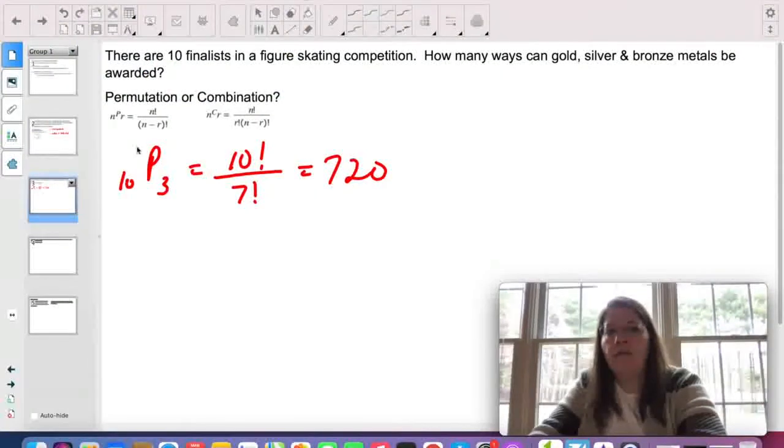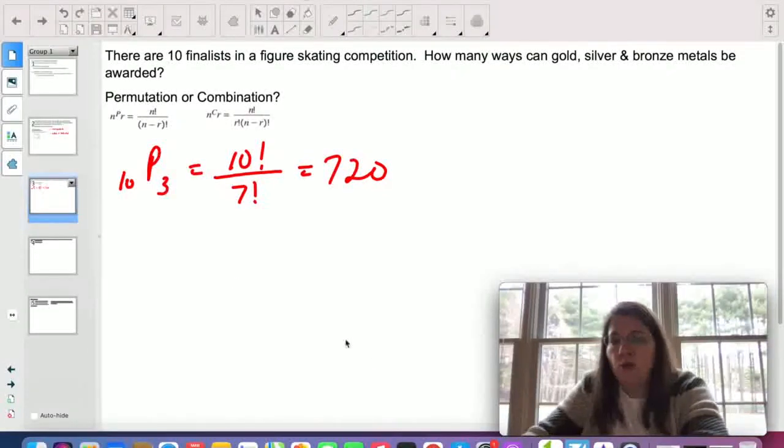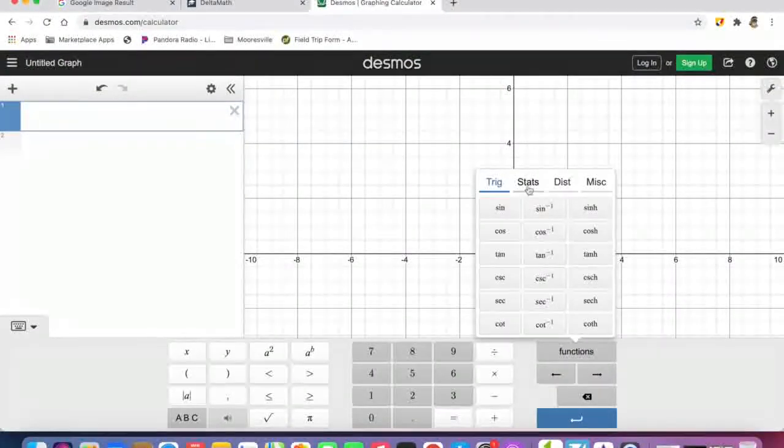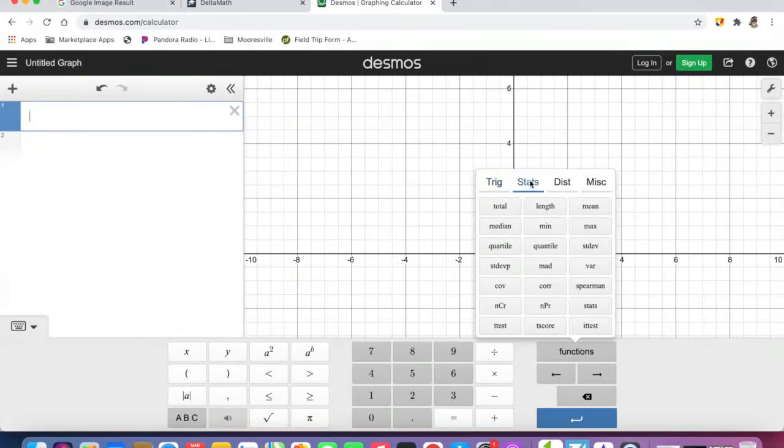Or if I don't want to fool with the formula at all, and I know it's a permutation, and all I want to do is set up a permutation and use Desmos the other way, if I know that it's 10P3, watch what I can do in Desmos. I'm going to go in here to functions, and this is statistics, so I believe it's going to be in the statistics place.